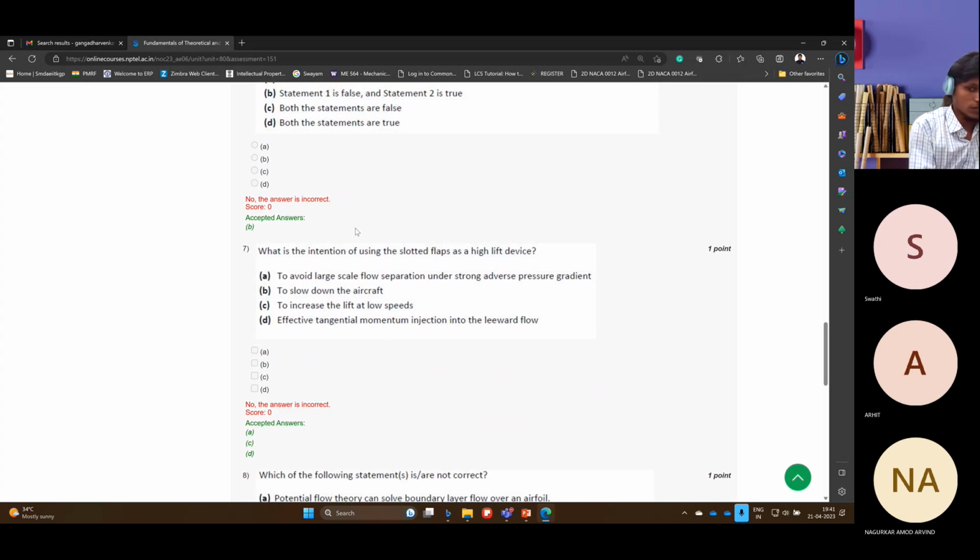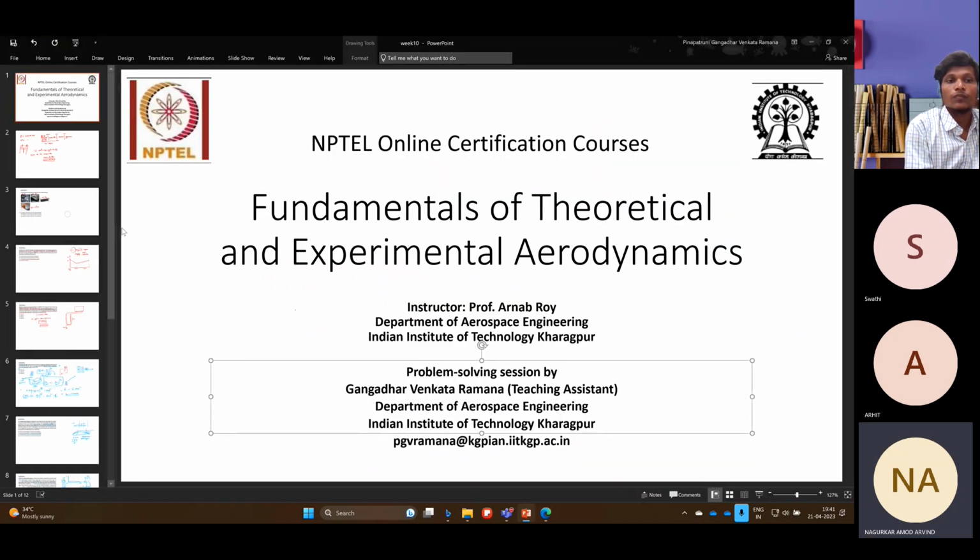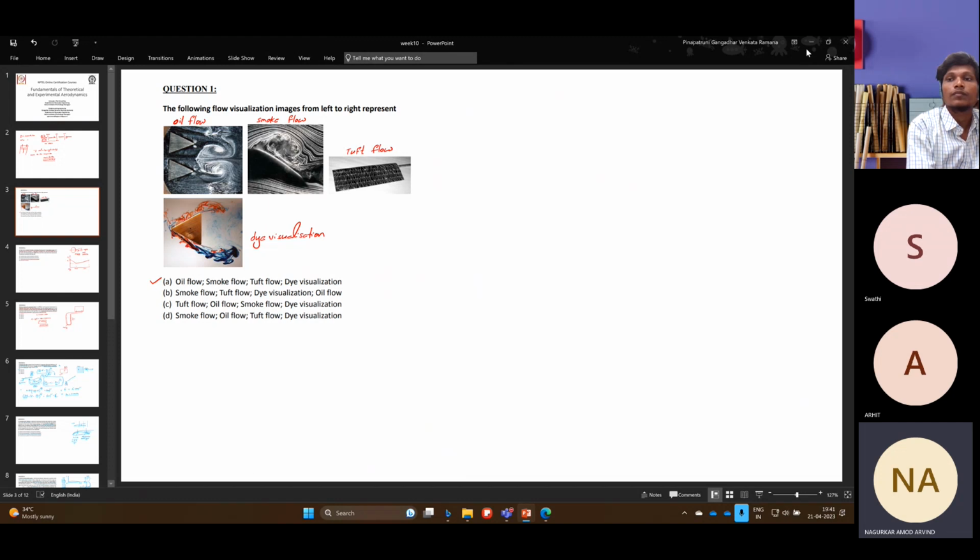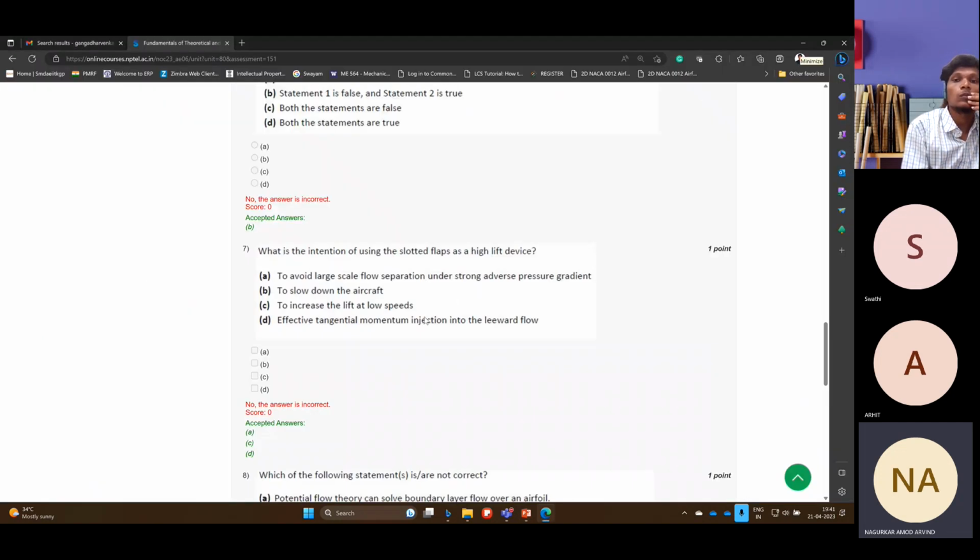I will tell you the background behind this. If we deploy the flaps, as the lift is increased, drag also increases. So definitely, it may decrease the speed also.